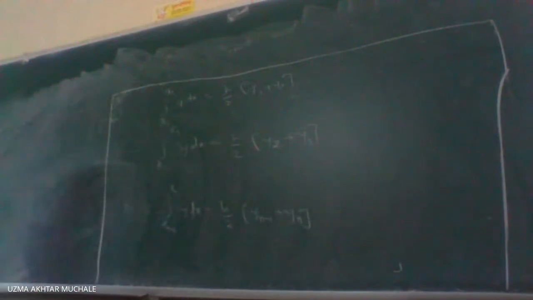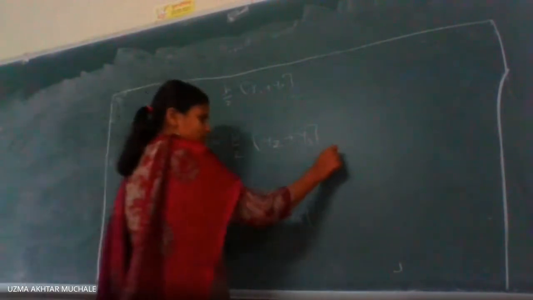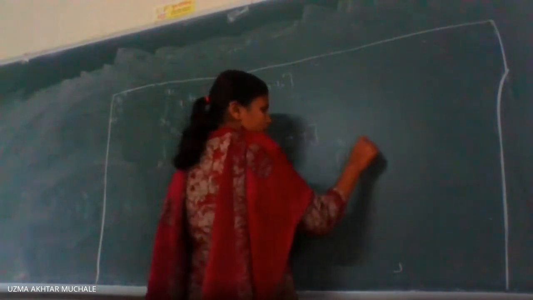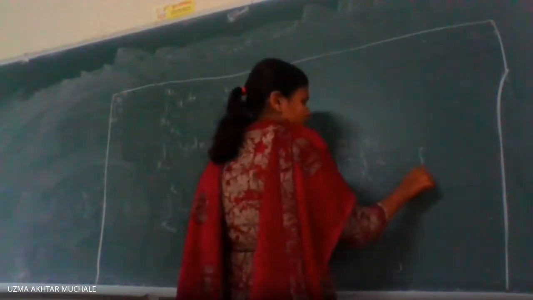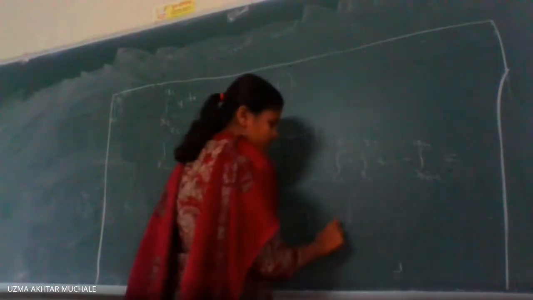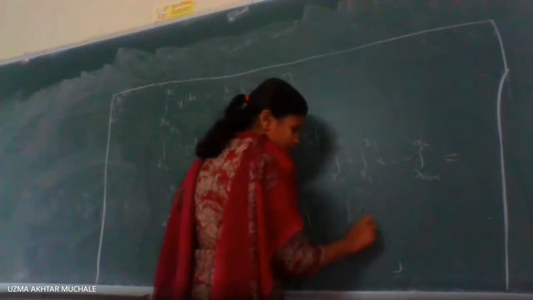So if I want to find the general formula, I have to combine all these integrals: x0 to x1, plus x1 to x2, plus up to xn-1 to xn, which equals the integral from x0 to xn of y dx.